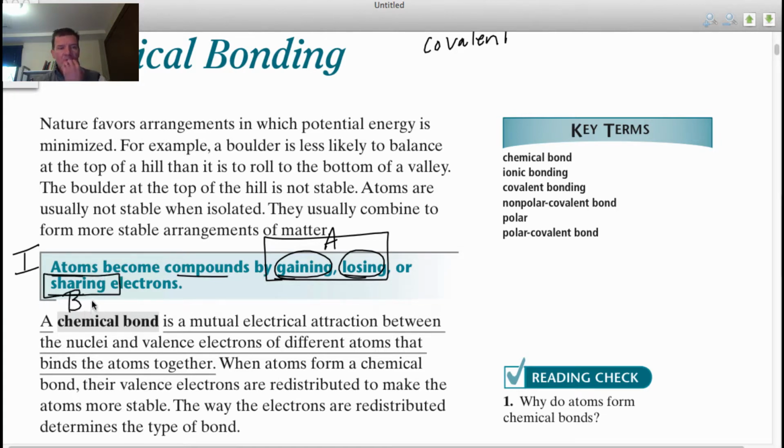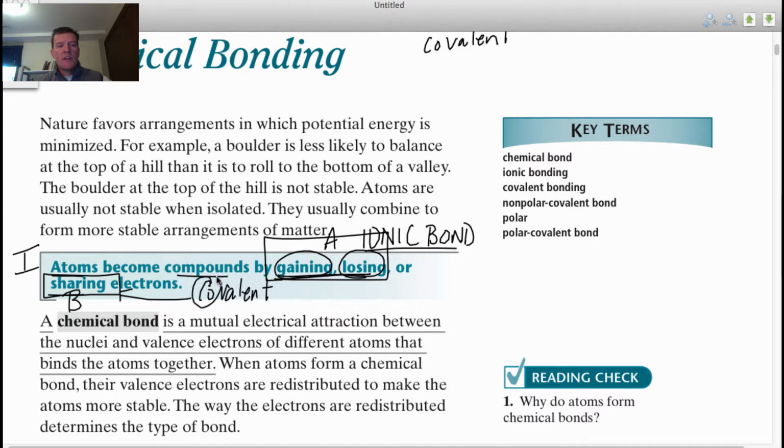So how do atoms become compounds? Either they gain or lose. If they gain or lose electrons, that is going to form ions, and we say that you are forming an ionic bond. An ionic bond. If they're sharing electrons, we say that that is covalent.